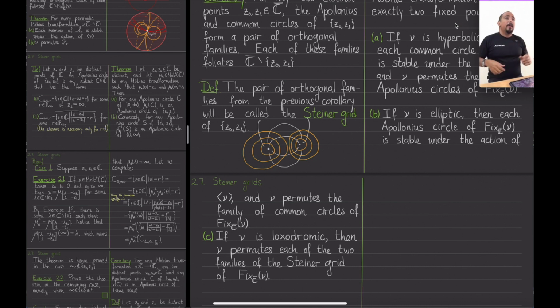The permutation is not arbitrary; I have a very good mental image of how the permutation of the common circles between 0 and infinity looks, and each Apollonius circle of 0 and infinity is stable under the action of nu. So if nu is elliptic, then each Apollonius circle is stable, and nu permutes the family of common circles.